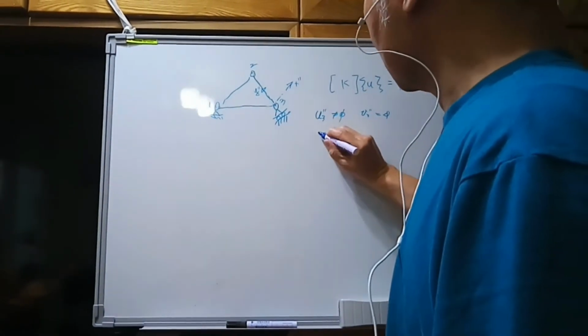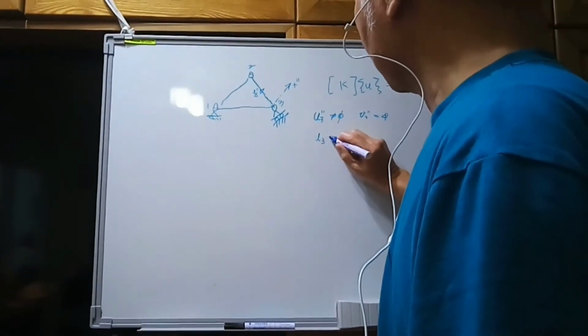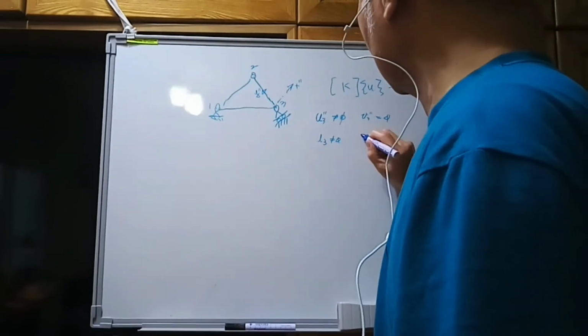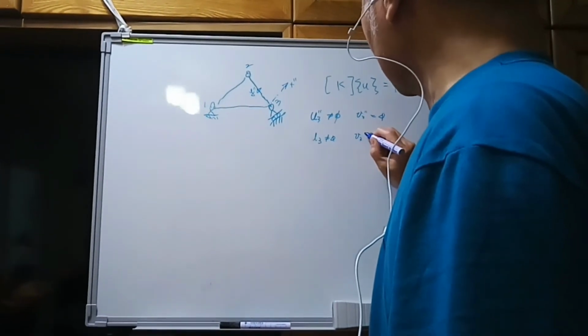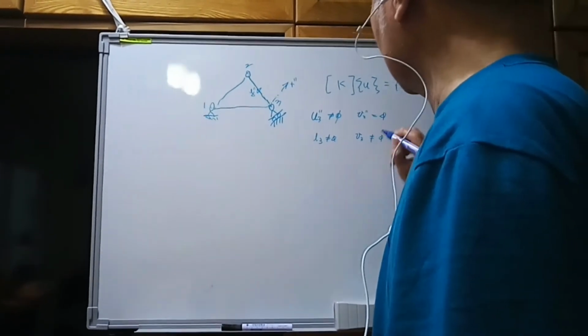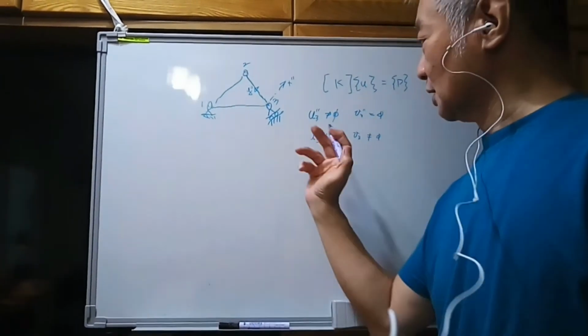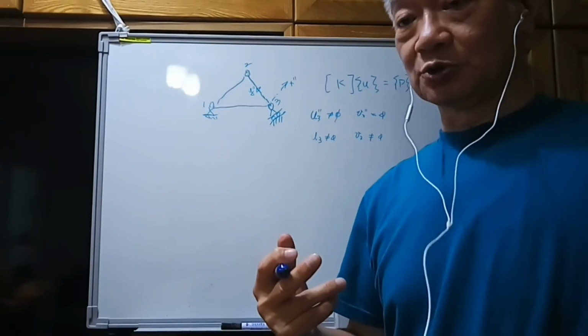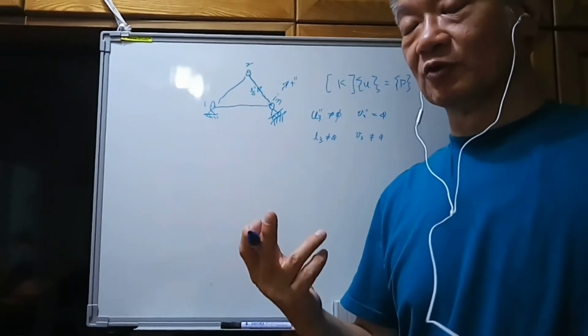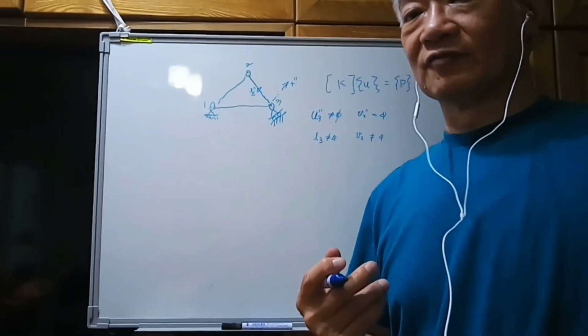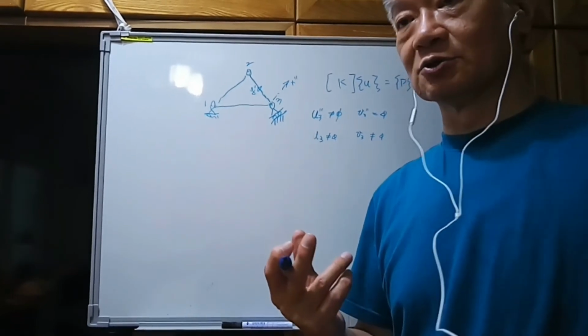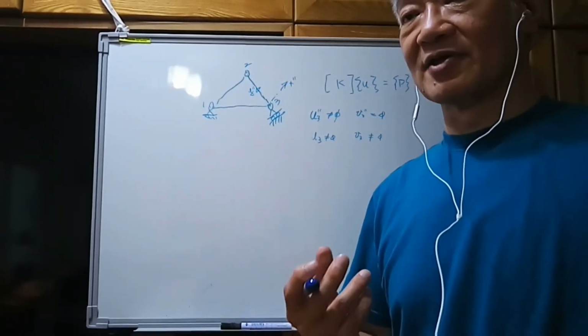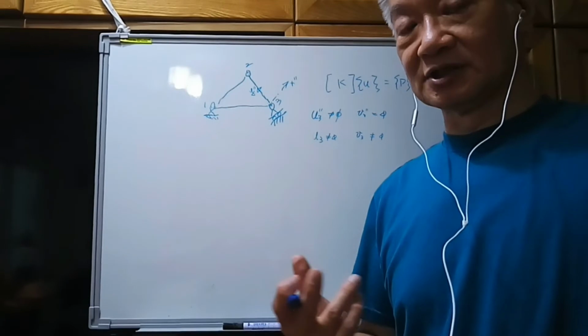But if we use the global components, U3 is not equal to 0, V3 also not equal to 0. So we cannot use the traditional treatment for the rigid support. For the rigid support, we can use the MIT's method. We can use the Berkeley's method.